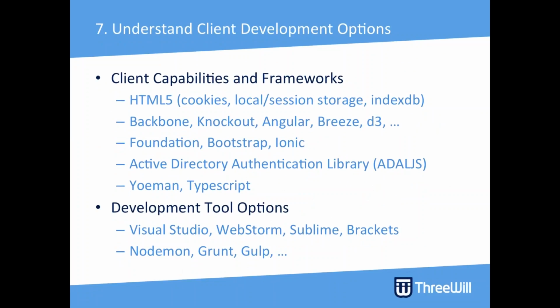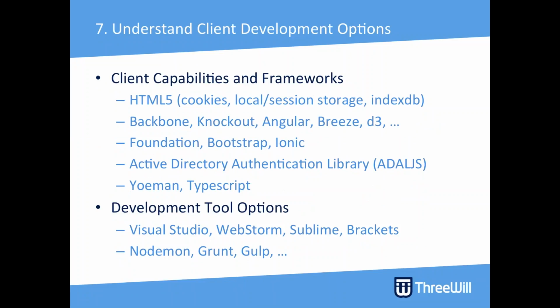Number 7 is understanding the client development options. I just mentioned HTML5 and CSS, but now that I have the ability to write these single-page apps, this is the hot new thing and has been for a little while. What does that mean for your application, though?